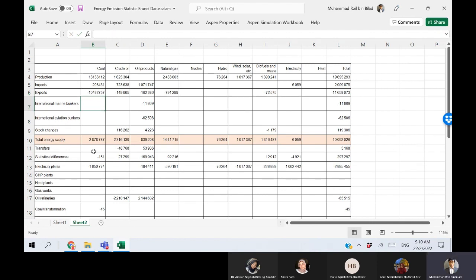Okay, you just cross check. Remember here, 2878787. So this is equal to the sum of the one above. Okay, it's the same. Sometimes you see the last digit differ. That is because of the decimal point, so just take it that way.